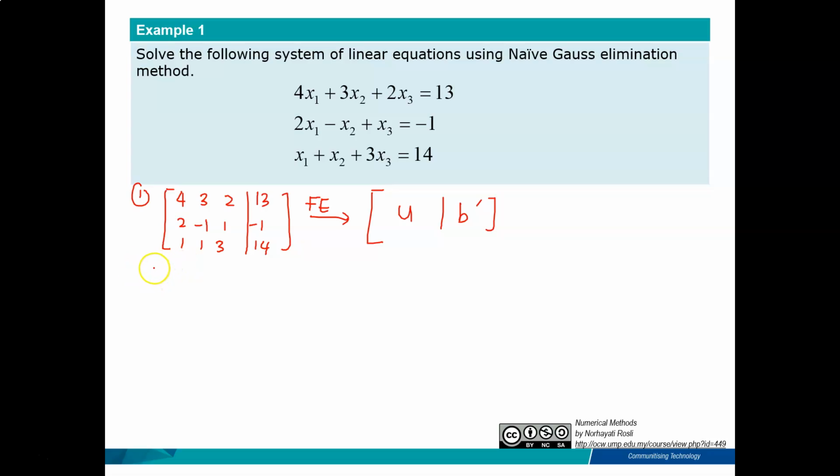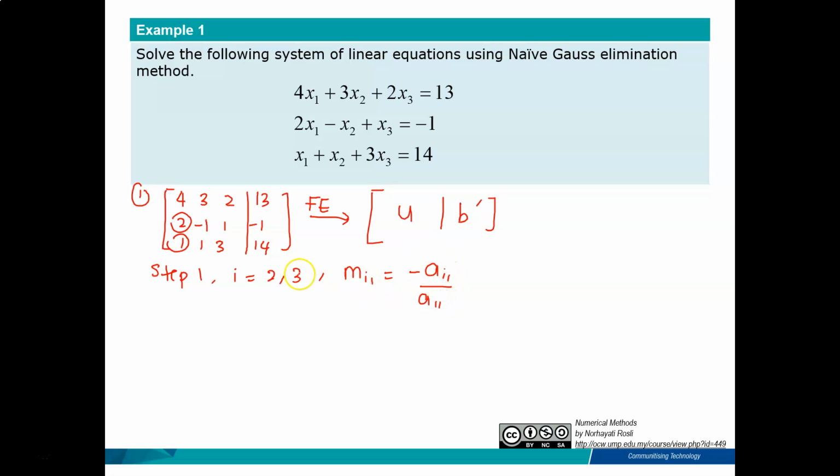So class, remember our step number 1. We have here i equal to 2 and 3, because now we have a 3 by 3 matrix. Remember, we need to reduce the entries in rows 2 and 3 of column 1 to 0. And then the multiplier here is given by mi1 equal to negative ai1 divided by a11.